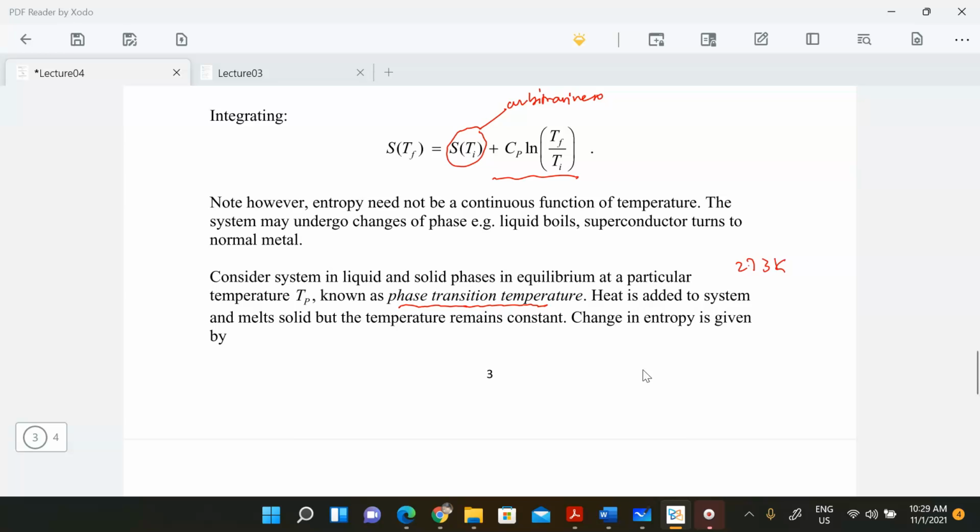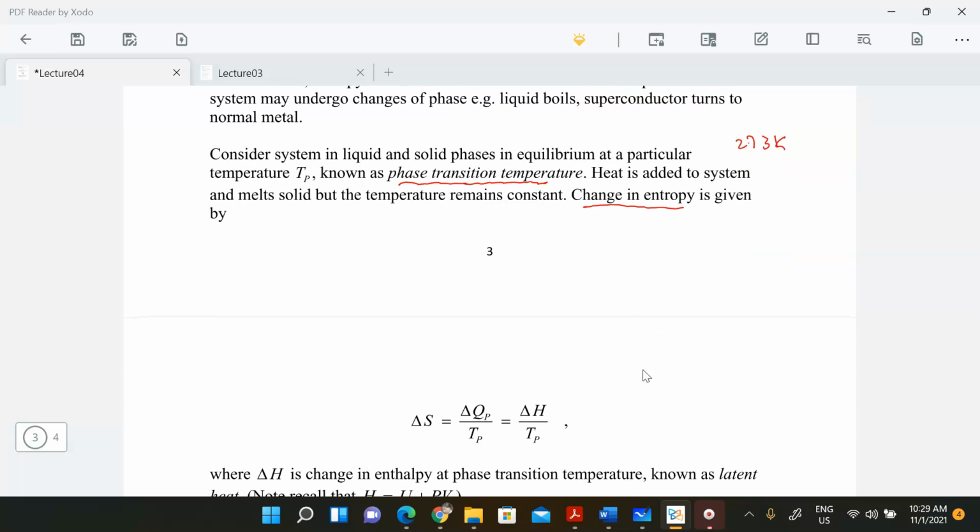At that temperature, one can define another change in entropy due to this phase change, and it's given by this. It's just the heat taken in by the system, for example for the ice to melt, but it doesn't raise the temperature.